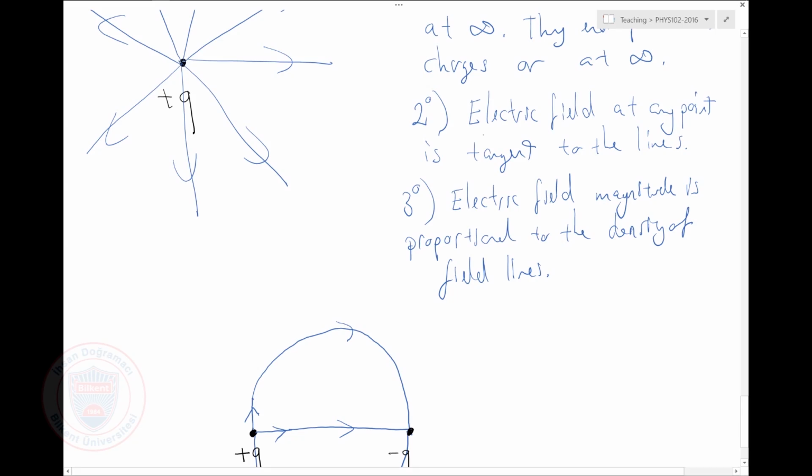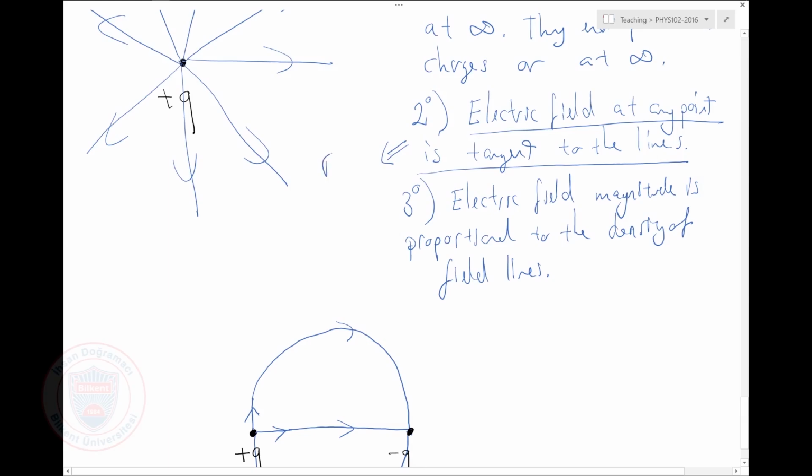If you think about it, electric field at any point is tangent to the lines. That also means something else. The field lines do not cross. Why? Because if I had a crossing, I would have two tangents at that point, right?